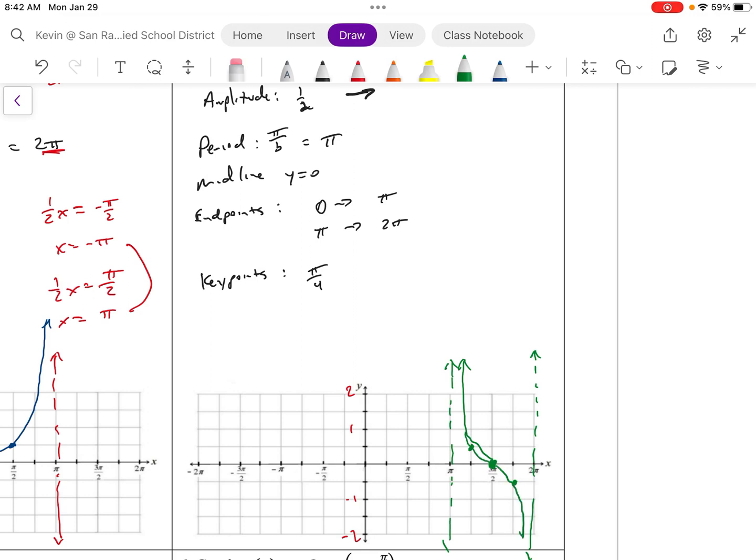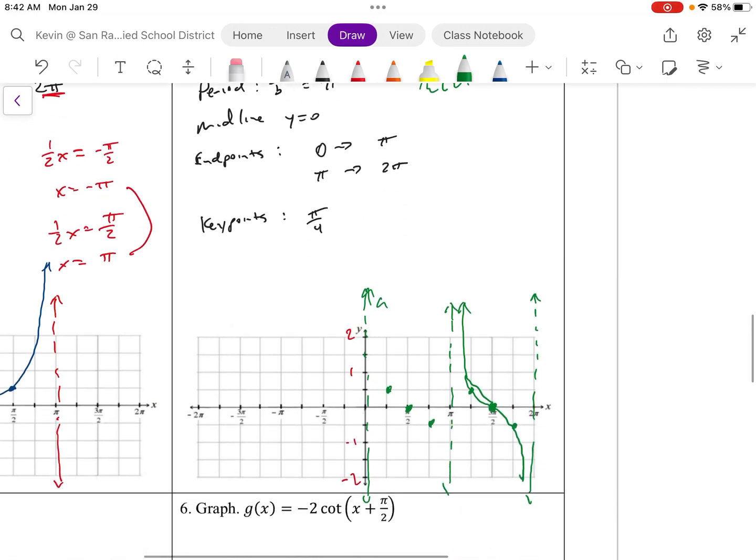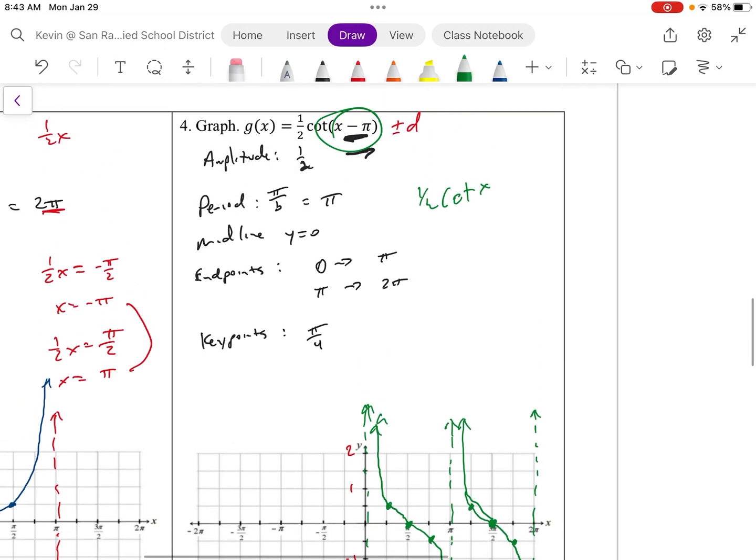And to the point I was making, that's the period that we're given based on that equation, that one period. But if we were to draw this out, this is where it would normally be if we didn't have this shift here. If we just had 1/2 cotangent x, then it would be what I'm drawing right now, right?